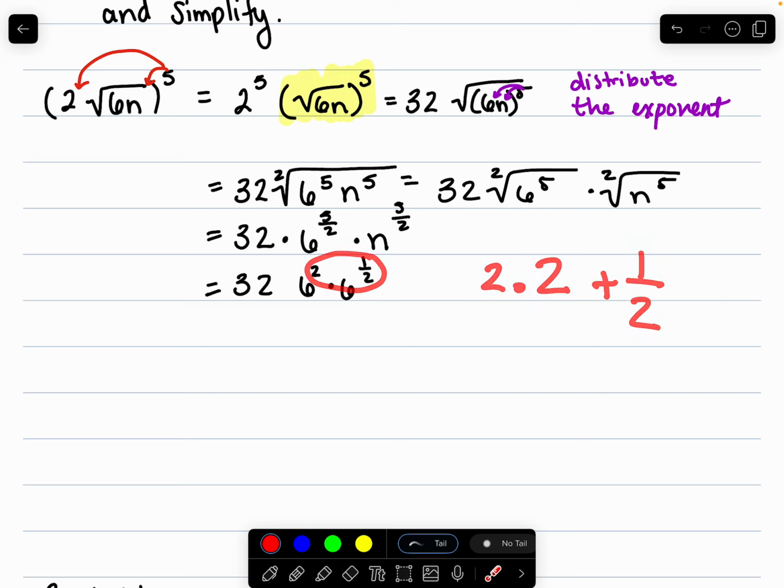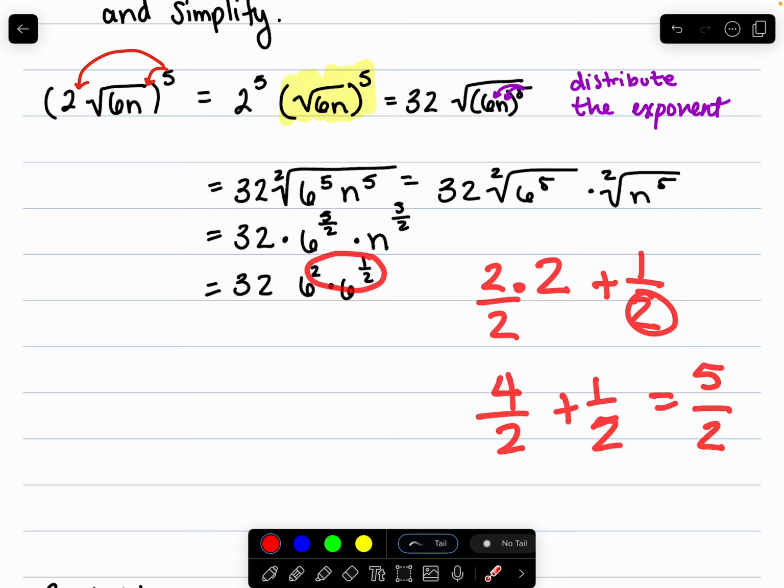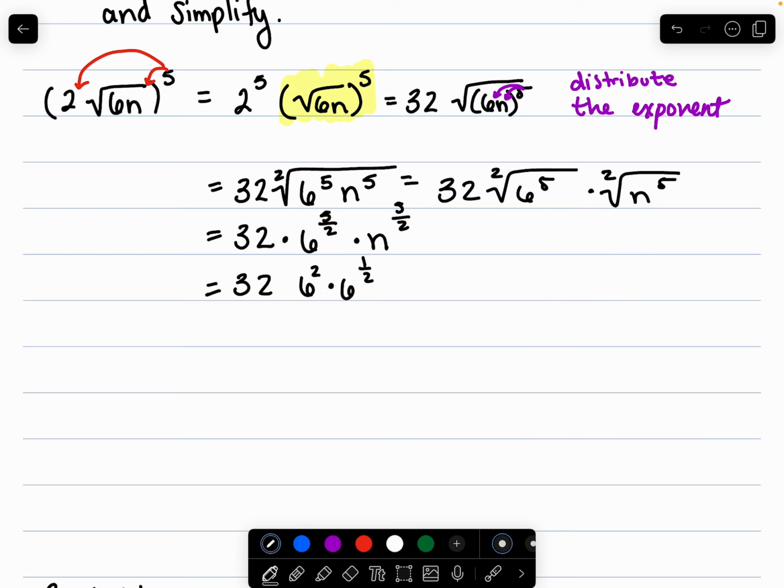We have to multiply this by our denominator here. We end up with 4 over 2 plus 1/2, which is 5 over 2, which is this. So I'm going backwards here. So same thing applies to n squared times n to the 1/2.